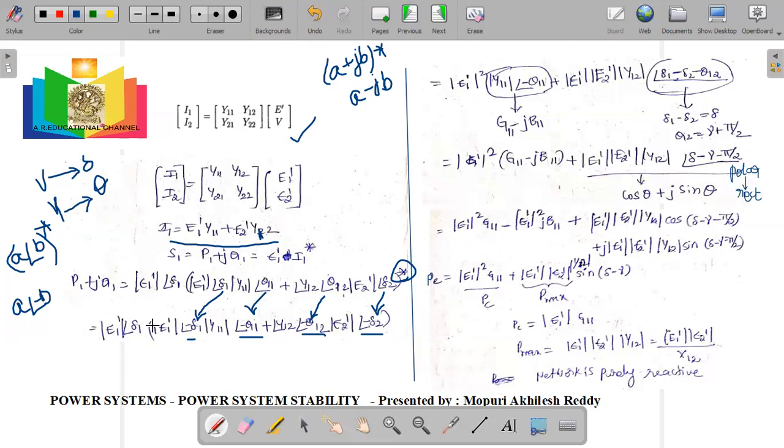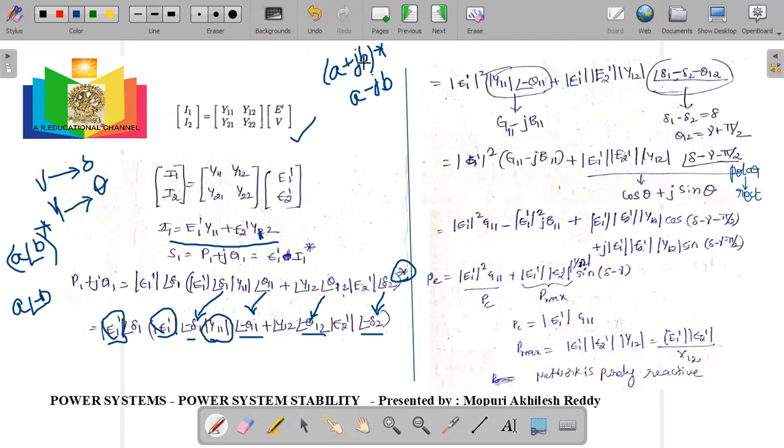Now I am multiplying this with this. What I will get? E1 dash square into Y11. This is the magnitude term, and this is the magnitude term, and this is the magnitude term.